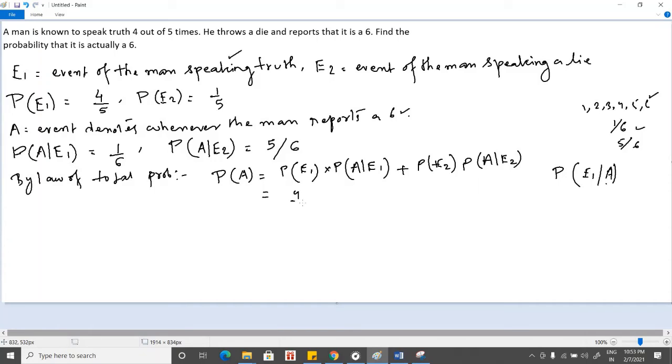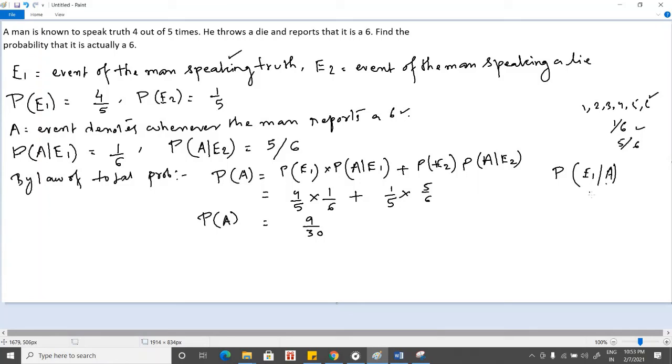That is equal to 4 by 5 into P of A, considering the hypothesis that E1 has occurred prior to it, is 1 by 6, plus P of E2 is 1 by 5 into probability of A, considering the hypothesis that E2 has occurred prior to it, is 5 by 6. If we simplify this, we will get 9 by 30. So this is the probability of A. A is the event denoting that the man reports 6. So the probability of the man reporting a 6 is 9 by 30.